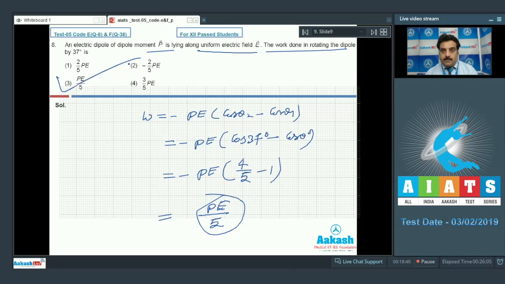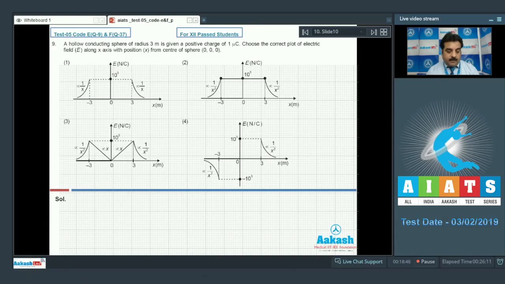So let's move on. Question number 9. This question looks very good and difficult, but it is not difficult. A hollow conducting sphere, radius 3 meter, positive charge 1 microcoulomb. Choose the correct plot, the graph of E versus x, electric field versus x.